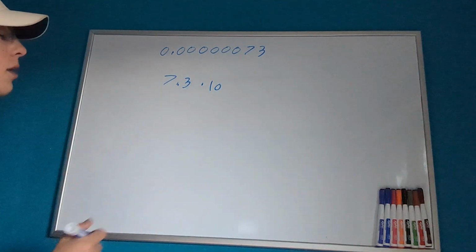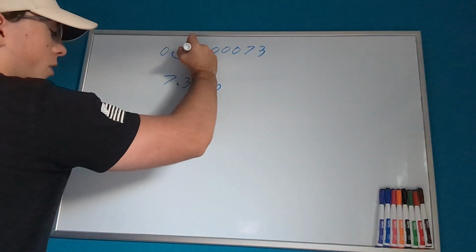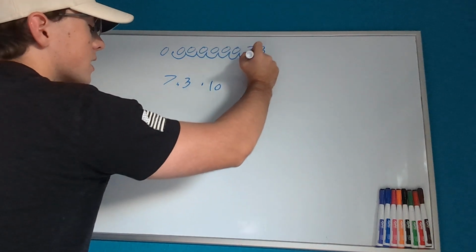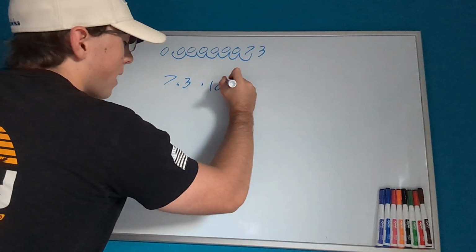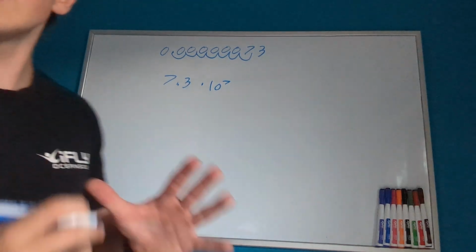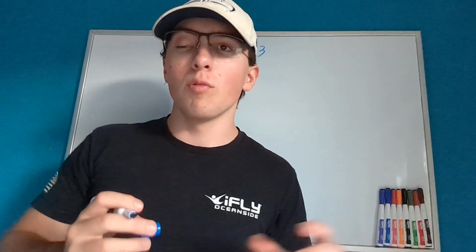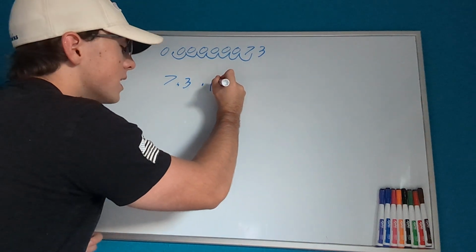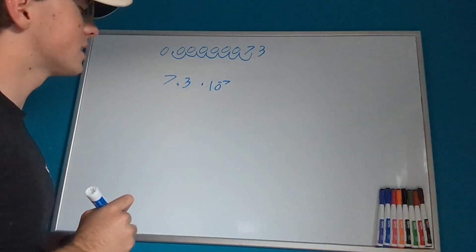Now, once again, we have to figure out what that power is. So we move the decimal point over 1, 2, 3, 4, 5, 6, 7 times. So it's the power 7. But we didn't move it over 7 times to the left. We moved it over 7 times to the right. When we move it to the right, it's going to be times 10 to the -7.